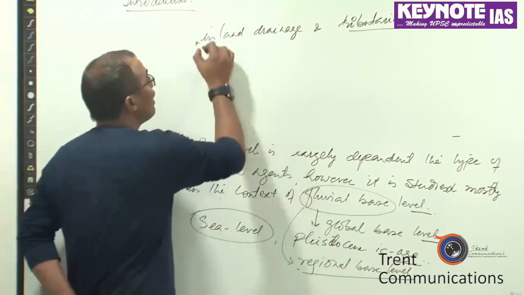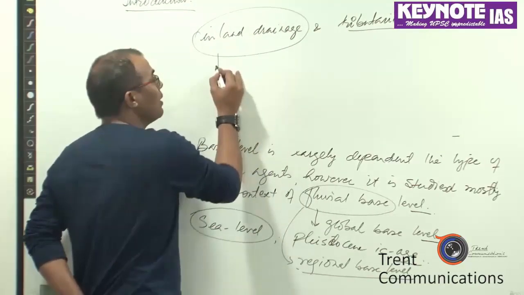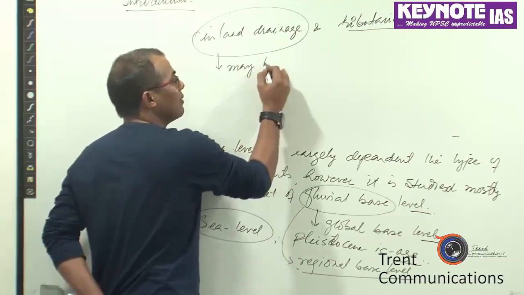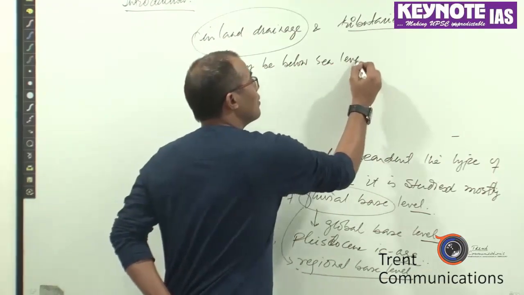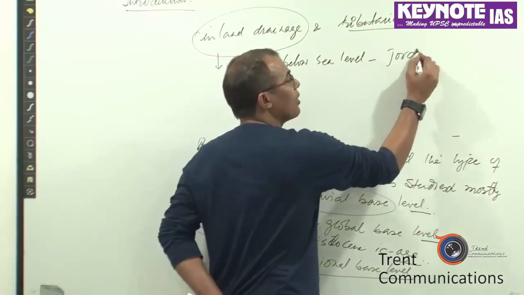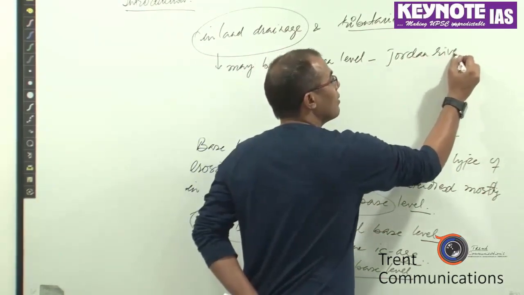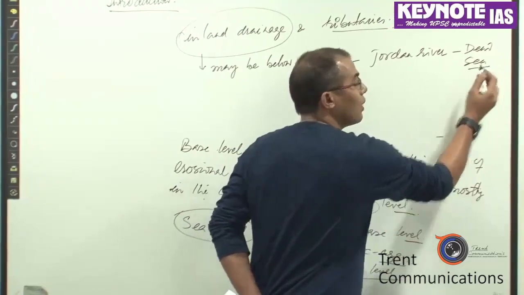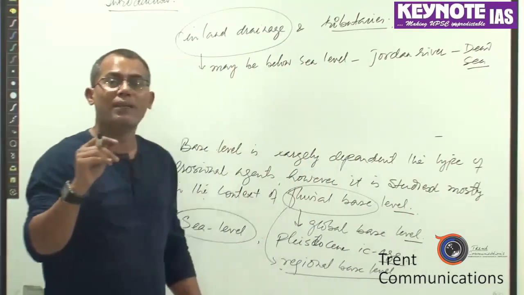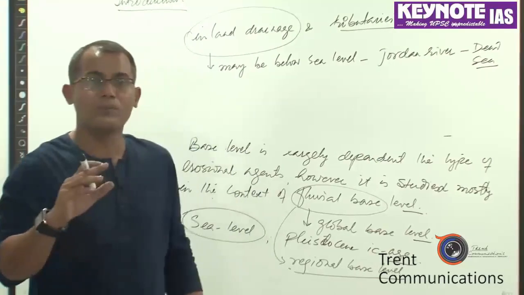The base level of inland drainage may be below sea level. For example, again, the Jordan River, Dead Sea. Now, I'm telling you how to write; you may have examples which you have never read.